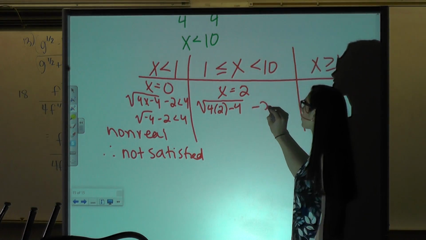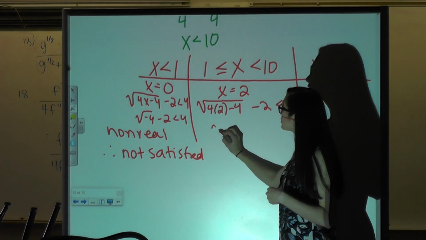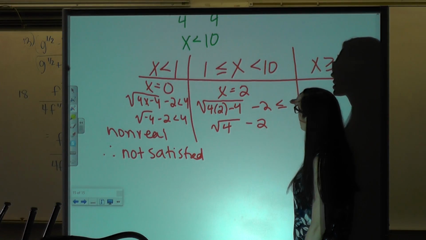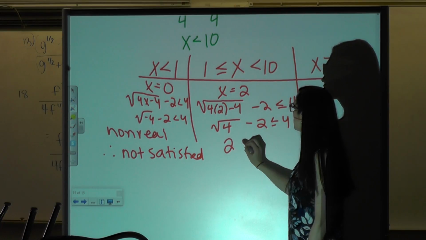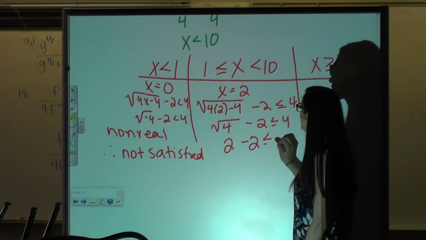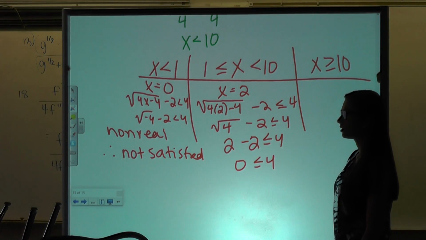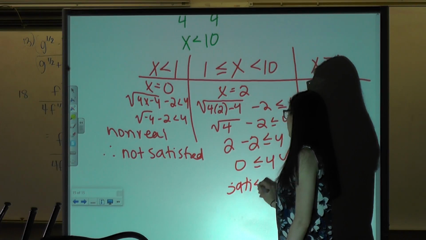Plus, I won't need a calculator. 4 times 2 is 8, 8 minus 4. The square root of 4, minus 2 is less than or equal to 4. 2 minus 2 is less than or equal to 4. Is 0 less than or equal to 4? Yes. Therefore, it's satisfied.